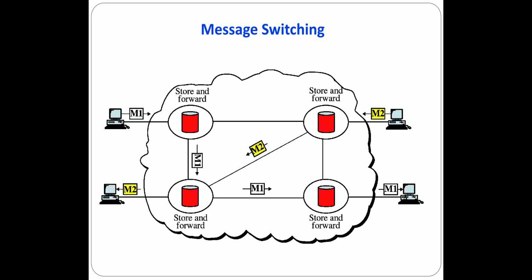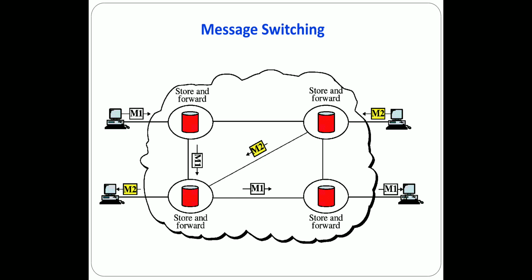This is considered a switching technique because there is no direct link between the sender and the receiver. The node receives the message on one link, stores it, and after the route is free, it sends it on the other link towards the destination.